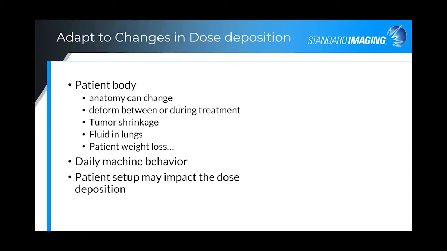So patient bodies are not rigid, and so it's important to have visibility into the anatomical changes that are occurring between or during treatment. And these two modules do just that. Because the anatomy may deform between or during the treatment, tumor shrinkage may occur, patient weight loss, etc. Variation from the planned dose may also be introduced from variability in the daily machine behavior or patient setup.